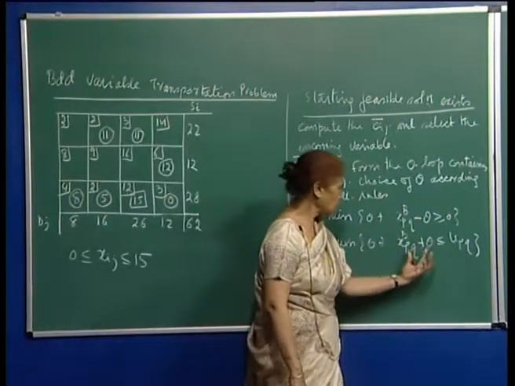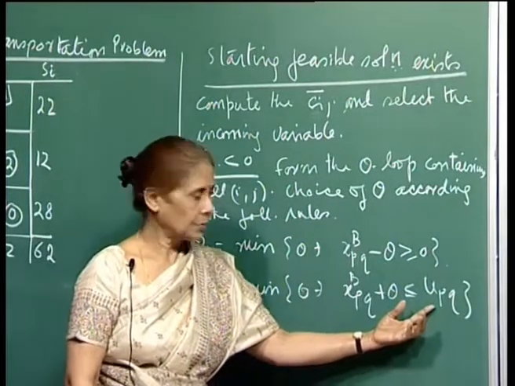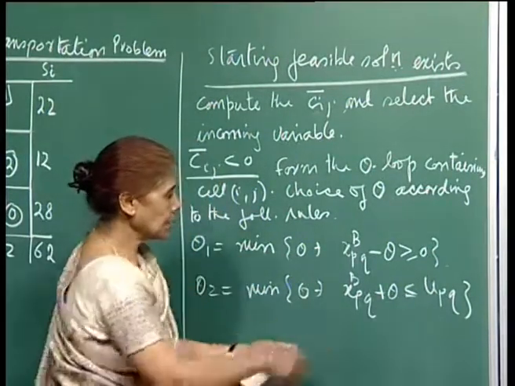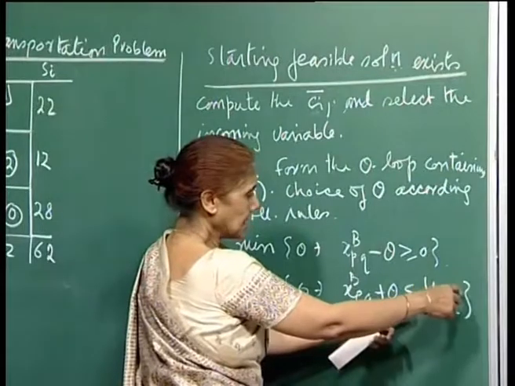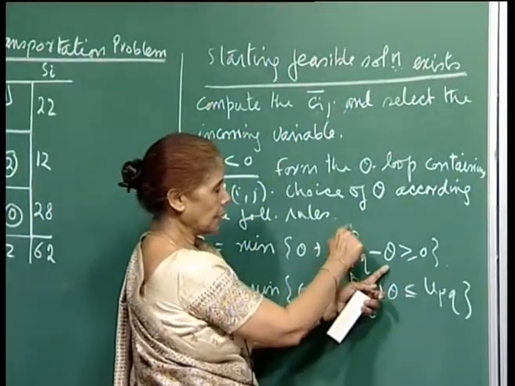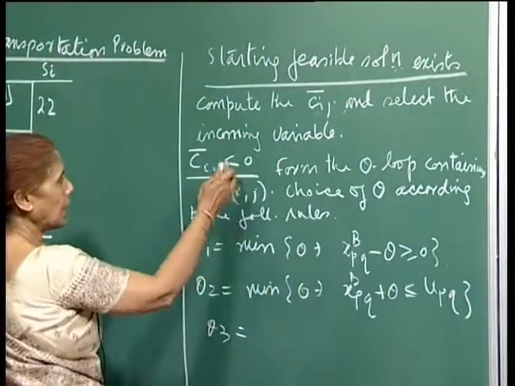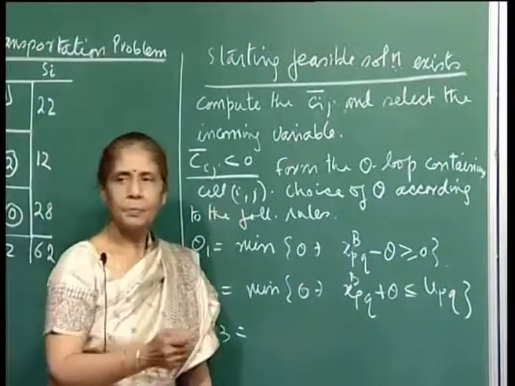The plus ones should not exceed their upper bound value, so theta would be upq minus xpq (basic), and for the minus ones, theta would be less than the current xpq value.